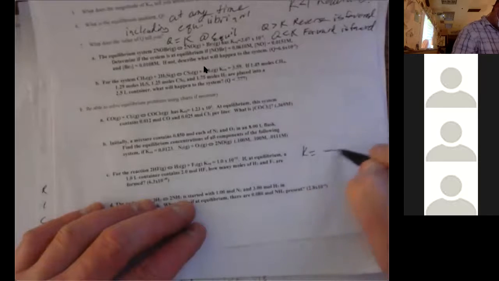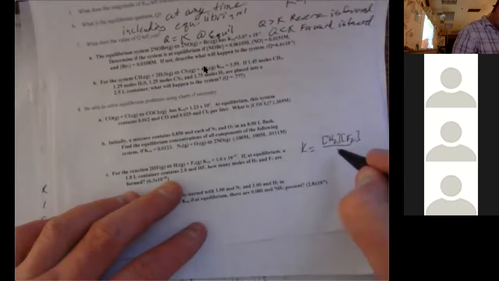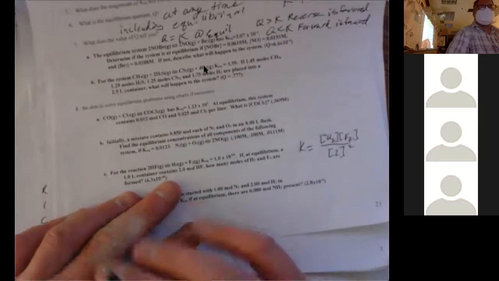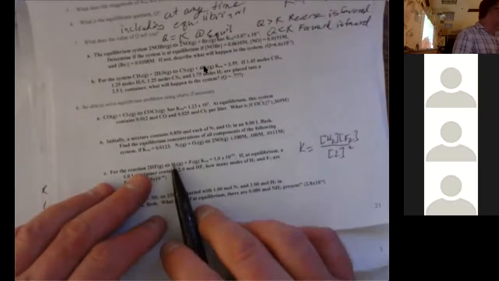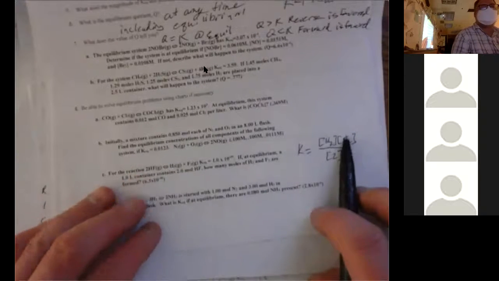K equals H2 and F2, and at the bottom we have the HF, which is 2 moles per liter squared. Well, for every 1 H2 that forms, 1 F2 forms. That means the concentrations of H2 and F2 are going to be what? X and X, equal, right?